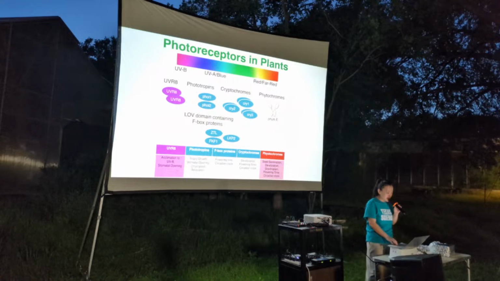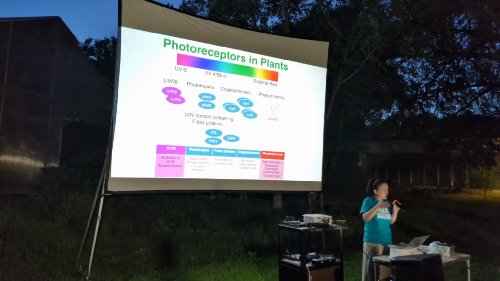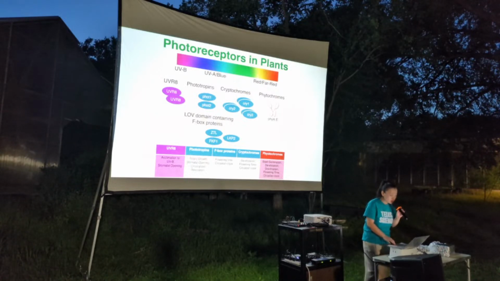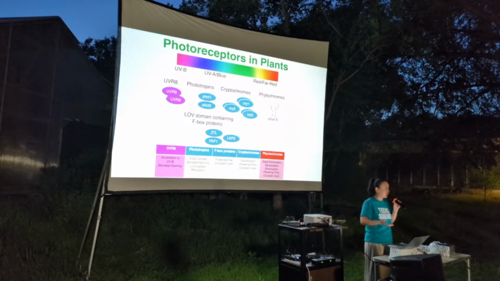The LOV domain containing F-box proteins also sense UVA or blue light and regulate flowering time and the circadian clock. The cryptochromes regulate de-etiolation, flowering time, and the circadian clock.